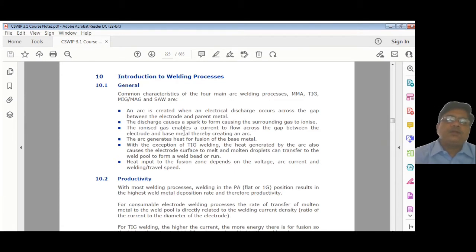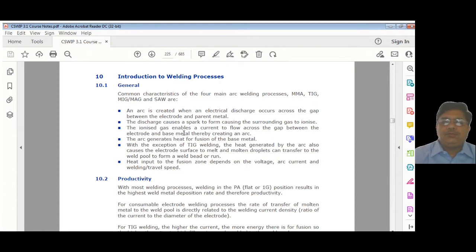This is the electrical technology with which welding was started. The arc generates heat for fusion of the base material, and with the exception of TIG, the heat generated by the arc also causes the electrode surface to melt, and molten droplets transfer to the weld pool to form the weld bead or weld run.